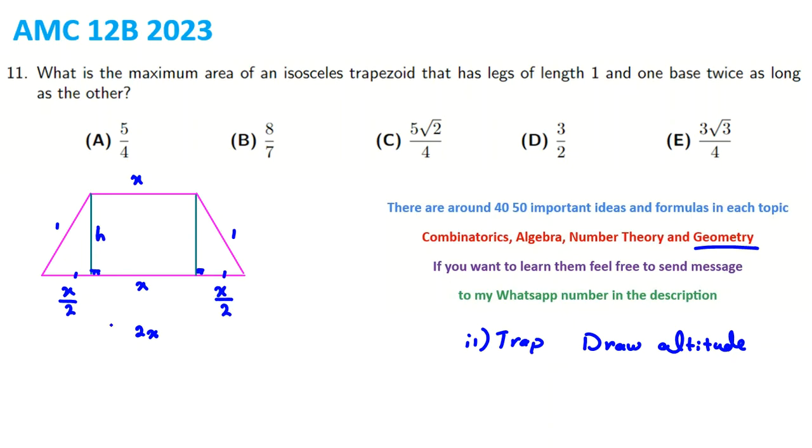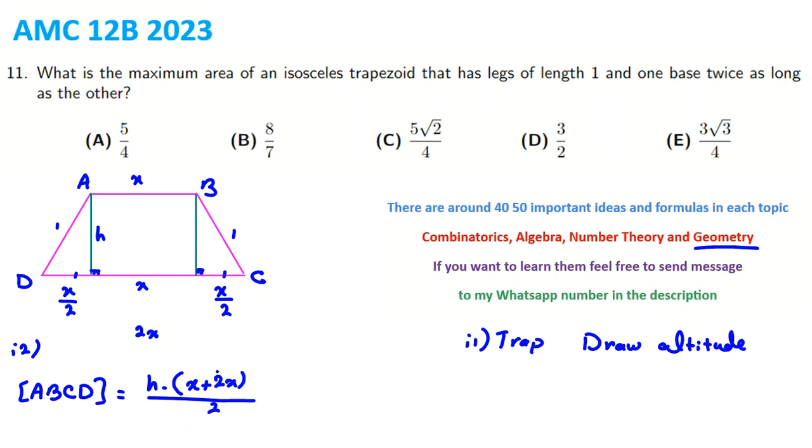And if we consider this height as h, the area of, let's call this one, ABCD, we want to calculate in terms of x. The area of the trapezoid, you can write as a formula, is h times the sum of the bases, x plus 2x, over 2. But h is what?